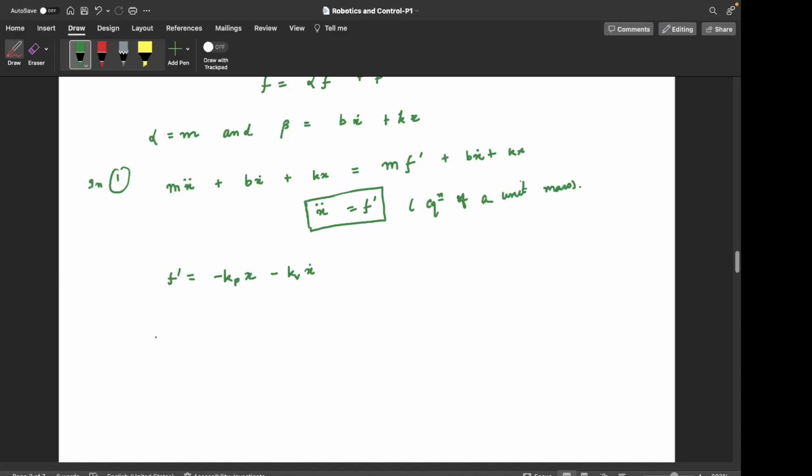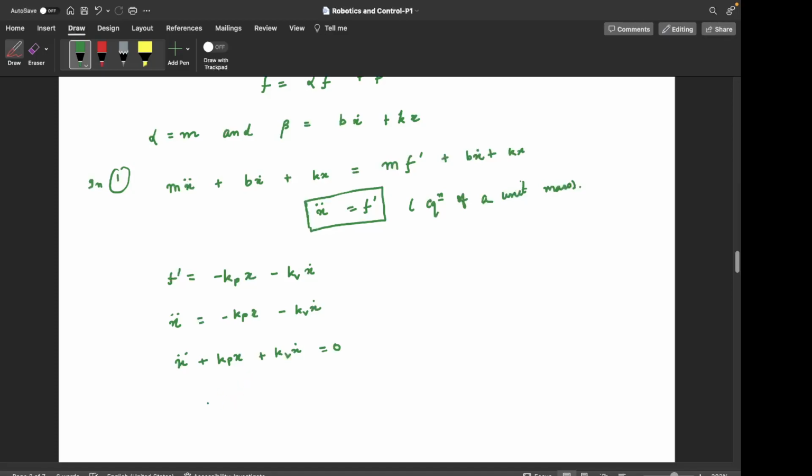And since f dash is equal to x double dot in our system, x double dot is equal to minus kp x minus kv x dot. So this is the system. I should write kv here, but it's fine. So this is the simplified second order system.